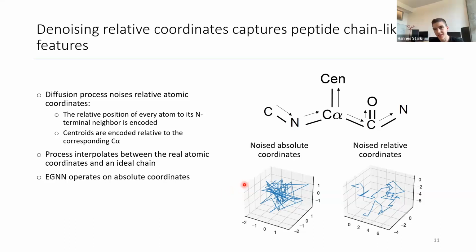Do you see any disadvantage of doing that instead of doing the absolute coordinate prediction? So for peptides, empirically, it just improved performance to move to this noising scheme.